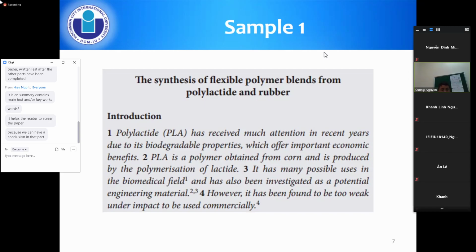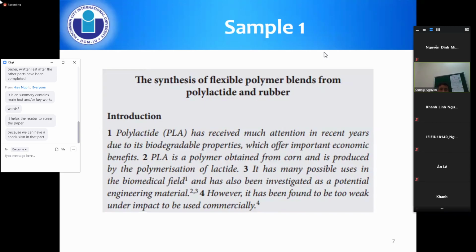So PLA is a kind of polymer, okay? It has many possible uses in the biomedical field and has also been investigated as a potential engineering material. However, it has been found to be too weak under impact to be used commercially.